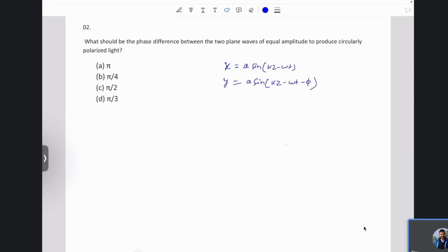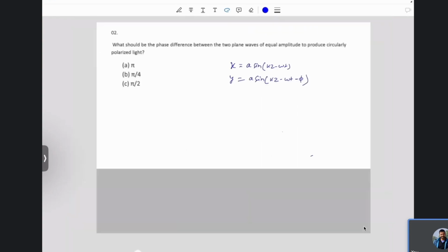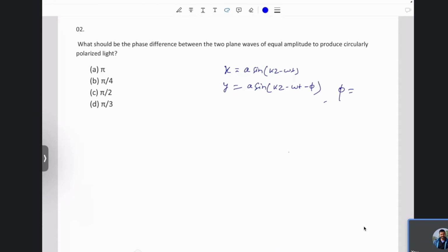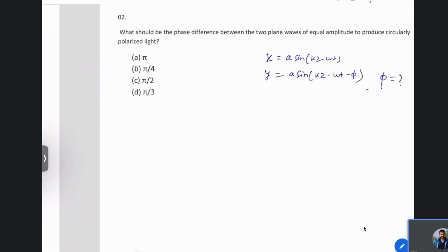Now to produce circularly polarized light, what do you want phi to be? What should be the phase difference? Is it pi, pi by 4, pi by 2, pi by 3? What should it be? No. Why pi by 4? I calculated it here.